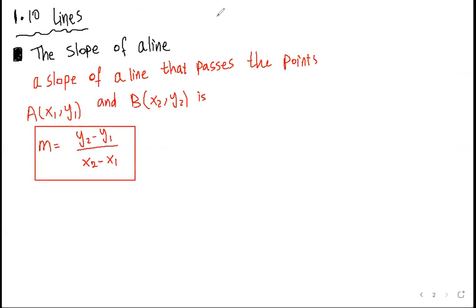So what if I have a line that looks like this? If my xy coordinate looks like that, and my line is like that. This is my line, the red one.